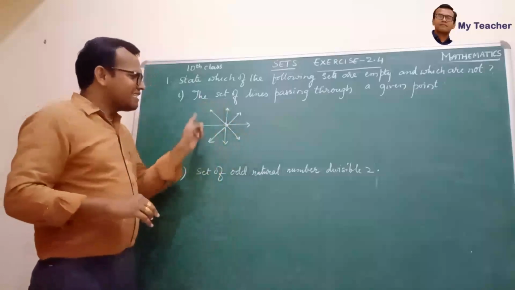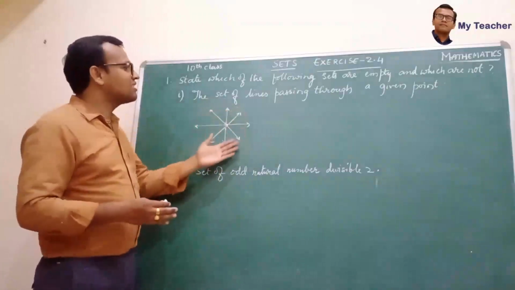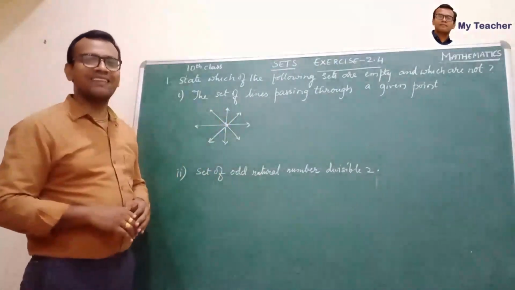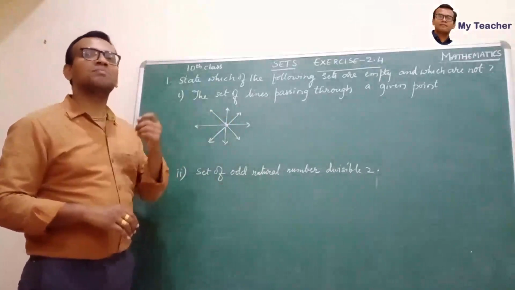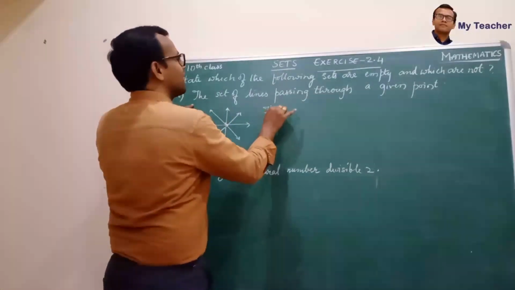So, is it an empty set? No, obviously not, because there are many lines that can be drawn passing through a given point. So what we will write?